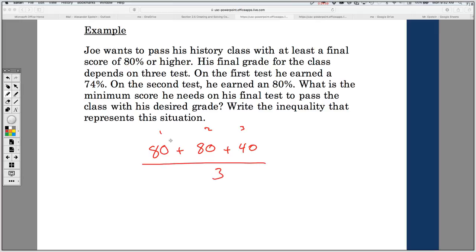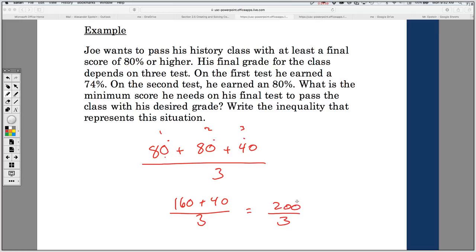So we have 80, 80, 40. This would be 160 plus 40. What's 16 plus 4? 20. So this would be 200 divided by 3. 3 goes into 200 about how many times?